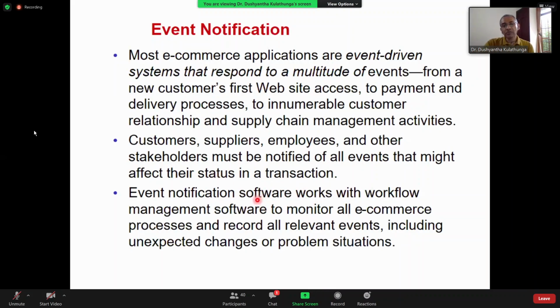That may have to be modified with the help of workflow management software. Therefore, the event notification system may have to work with this workflow management software when the transaction status is changed.